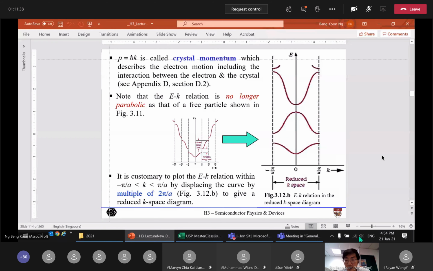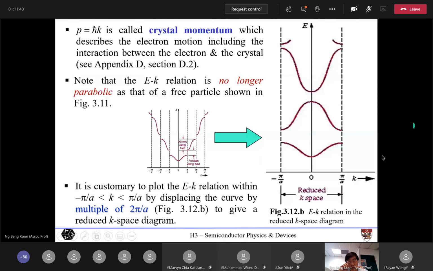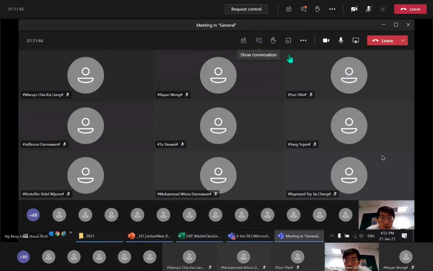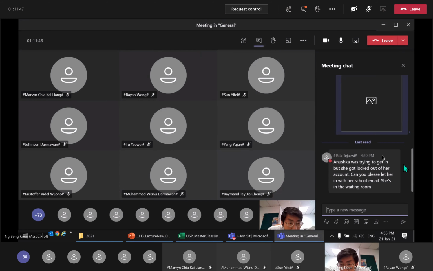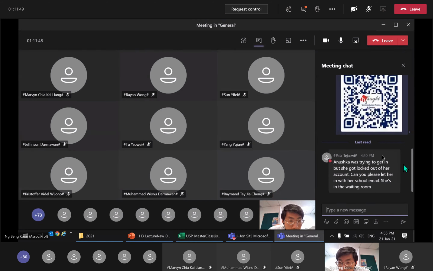Okay, so I continue. Let me see. Someone mentioned that Anushka was trying to get in but got locked out. Is she in already?